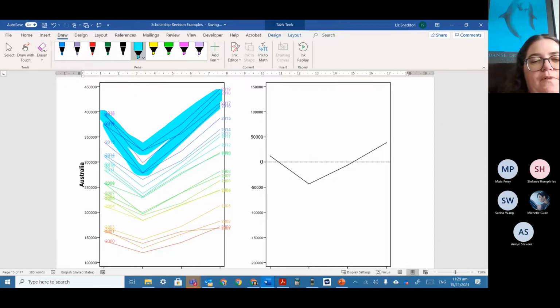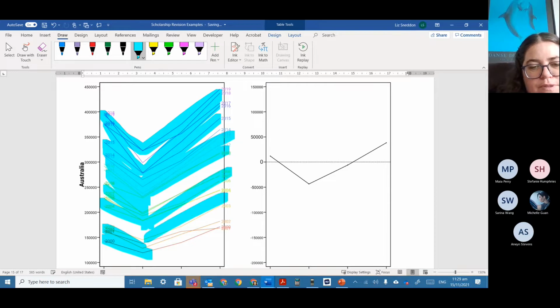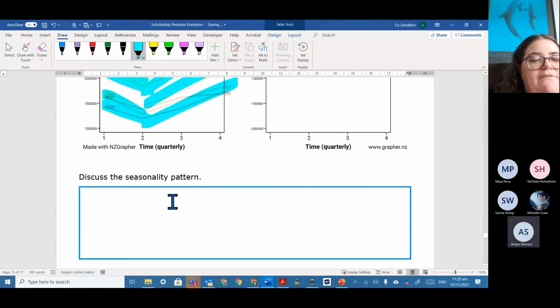So looking at this graph on the left, if I look at each year, they all start by going downwards. Then they all go upwards. So is there a consistent seasonality pattern? Yes. So that's the first comment we're going to make.